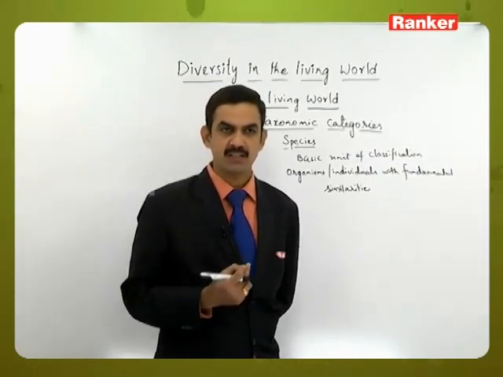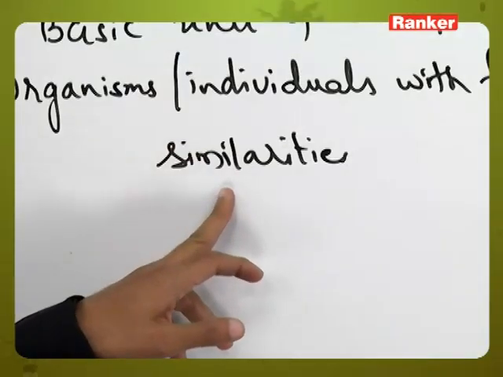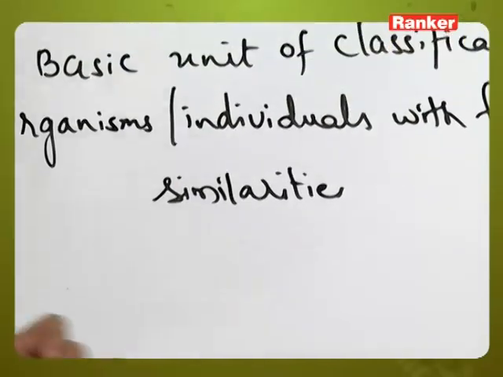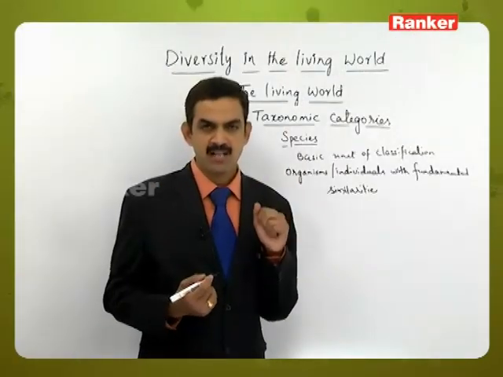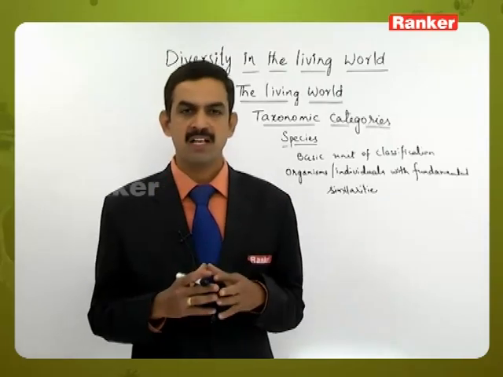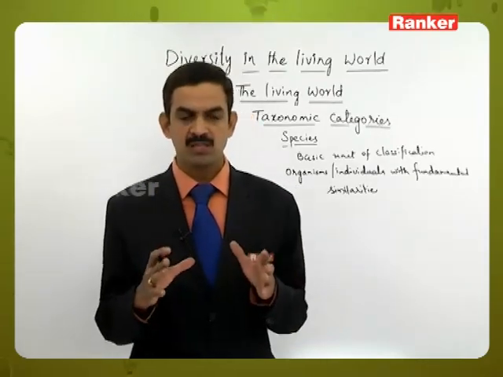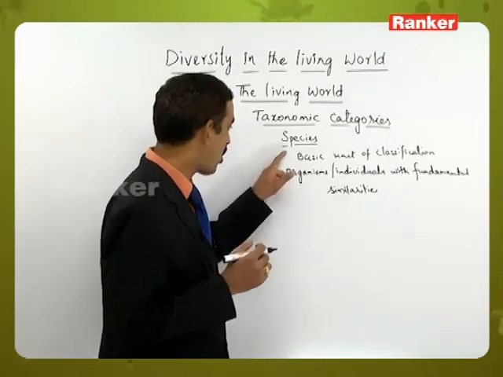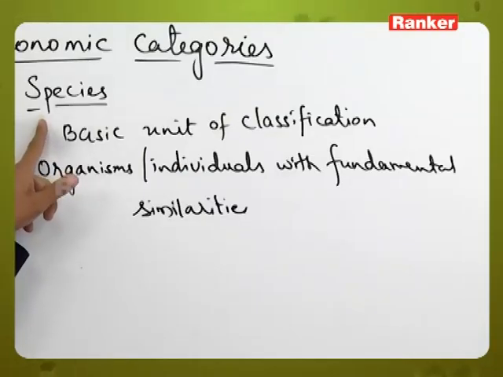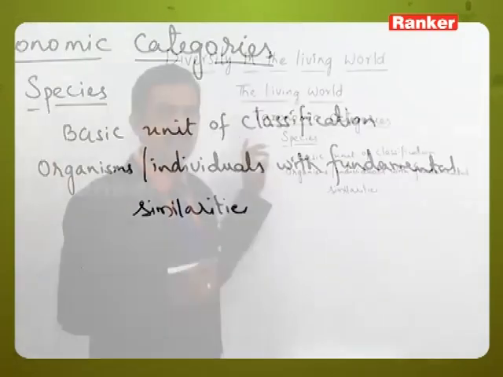Because of the fundamental similarities, there is a possibility of inbreeding also. So the organisms which exhibit such a character have been kept under one group or one taxa called a species.